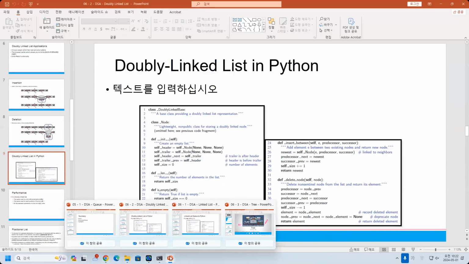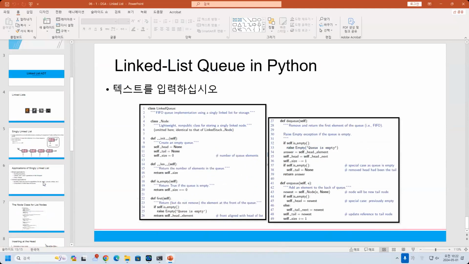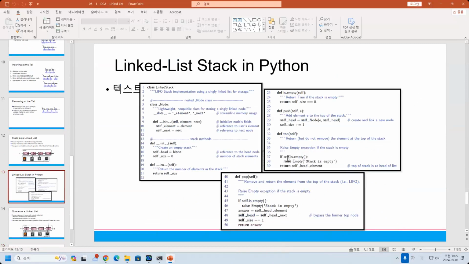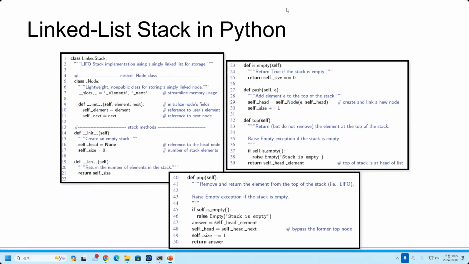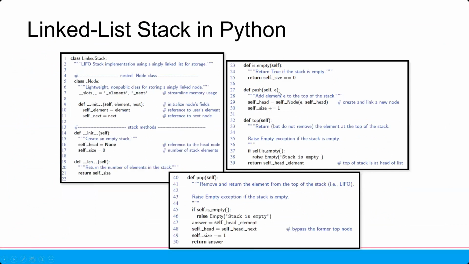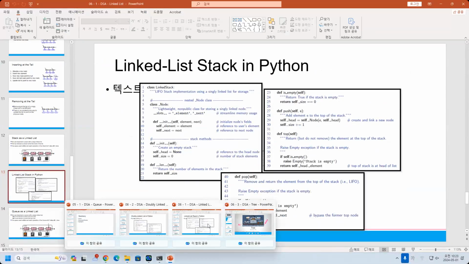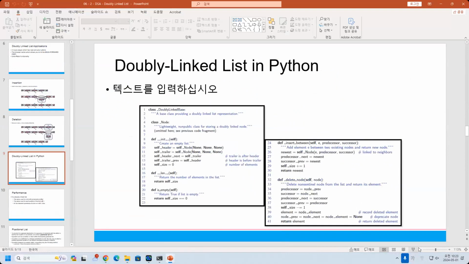Okay. So the previous one, if you look at this singly linked list, it is only using the element and next. So we have the node here.